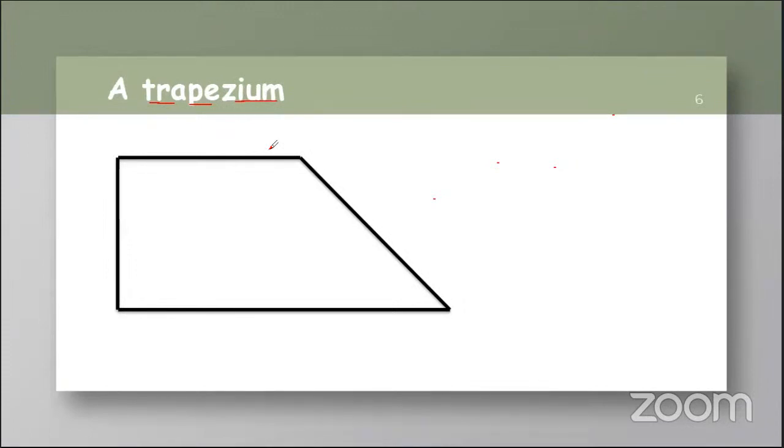Just let me hear from Mwanguzi. Mwanguzi. Yes, teacher. Spell the word. T-R-A-P-E-Z-I-U-M. The word is trapezium. Good, Mwanguzi. Now these ones are getting it.